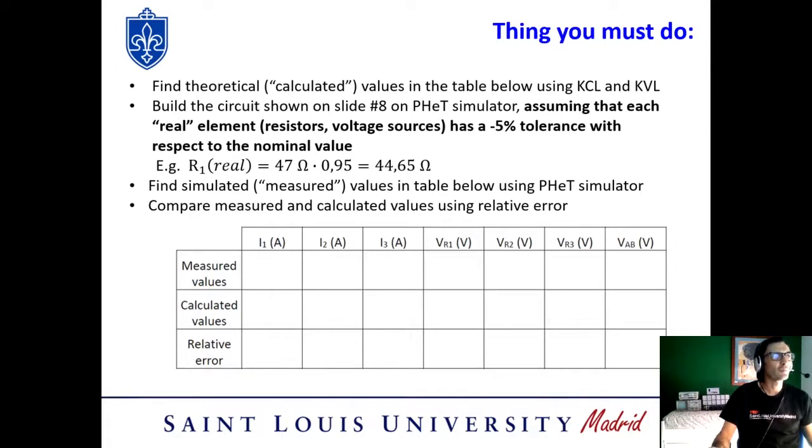Finally, you want to compare simulated values, which are the measured values, and the calculated values, which are the theoretical values, using the relative error. Okay, and that's it. That's all you have to do in this activity first part.